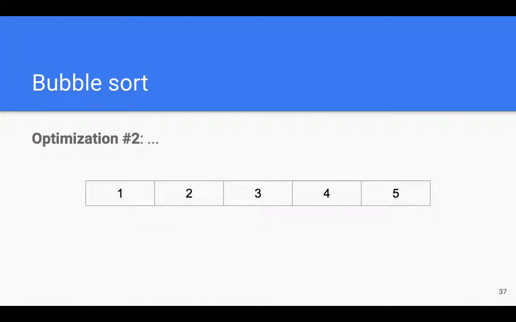So let's look at a better example. If you look at this list, 1, 2, 3, 4, 5. Right at the beginning, we don't know if they're sorted or not, so we'll go through it pair by pair. We compare 1 and 2, 2 and 3, 3 and 4, 4 and 5. What happens at every one of these comparisons?